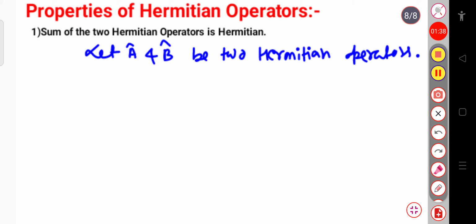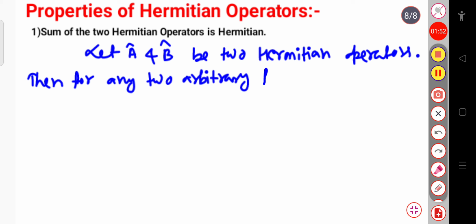Then for any two arbitrary functions, let us consider psi and phi, we have that A cap and B cap are both Hermitian operators, and psi and phi are two arbitrary functions.